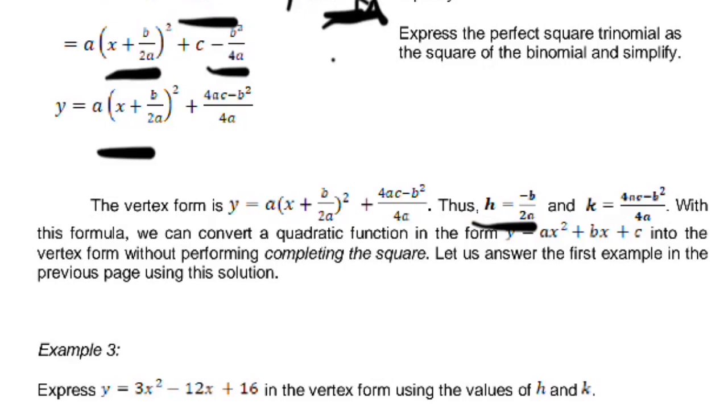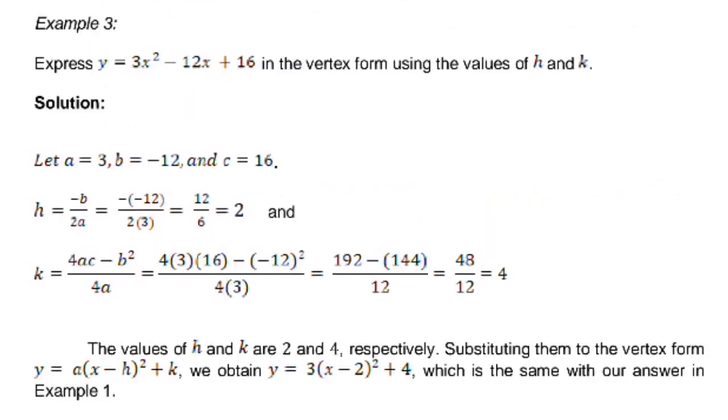So let us answer the first example in the previous page using this solution. Example 3: express y equals 3x squared minus 12x plus 16 in the vertex form using the values of h and k. From the given, a equals 3, b equals negative 12, and c equals 16.